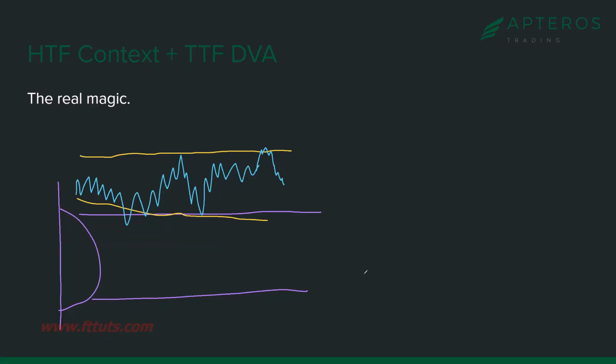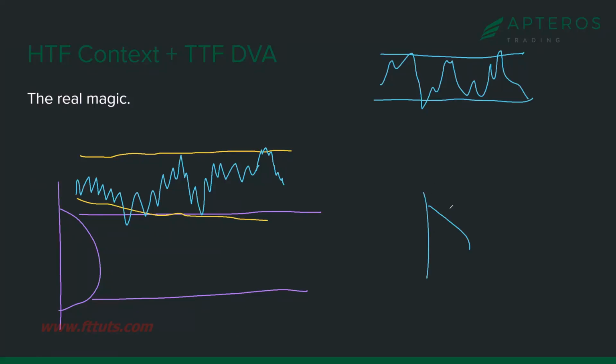Contextually, if we split these two into separate charts, here's DVA and price. It's clearly rotational. Here is CVA and price. It's clearly imbalanced up. The real magic here is we're not looking for those two different time frame conditions to be the same.